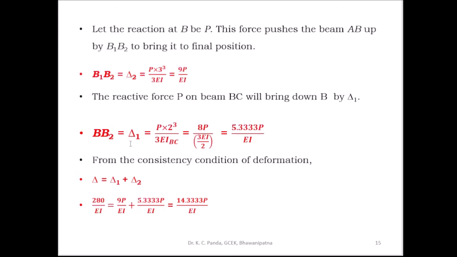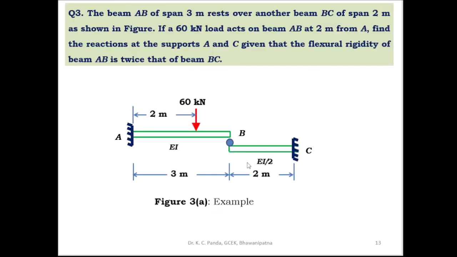So BB2 is equal to delta 1, which is equal to P into 2Q by 3EI BC. Here the length of the beam BC is given as 2 meter and the flexural rigidity is given as EI by 2. So what is the force acting on the beam BC?